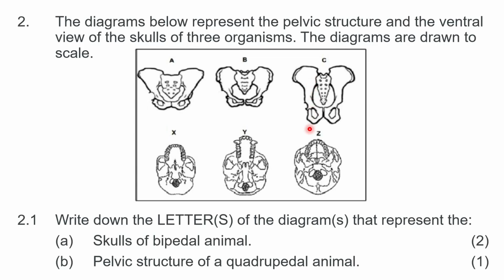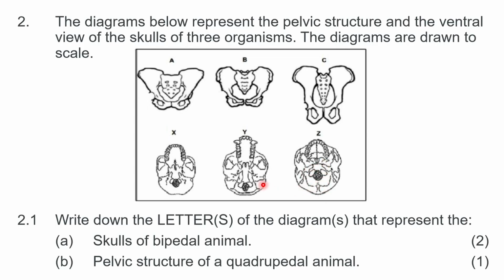Now we compare the skulls, and if we want to see if the organism is bipedal, we go and look at the position of the foramen. And we see that in this organism X, the foramen is more to a forward position, as well as organism Z. Once again, we can see the foramen is more to a forward position.